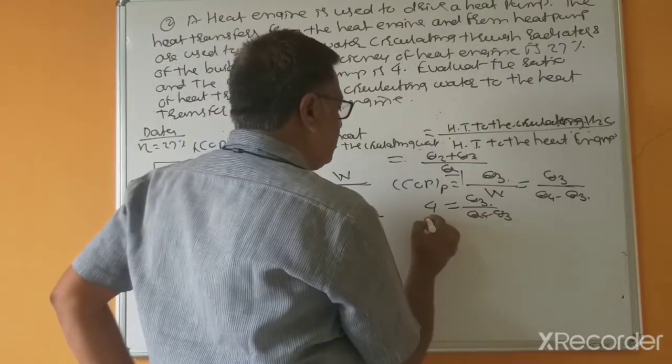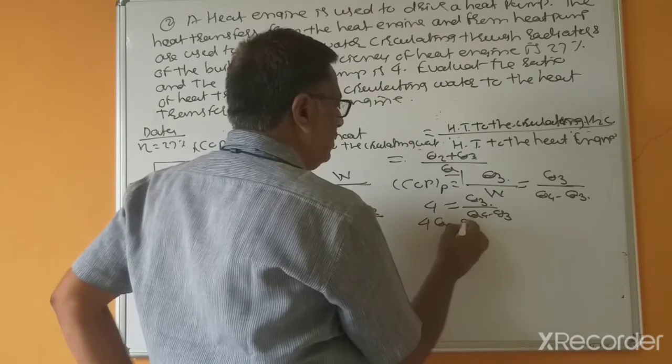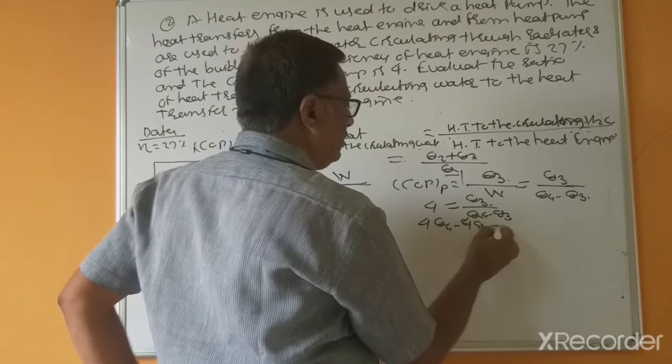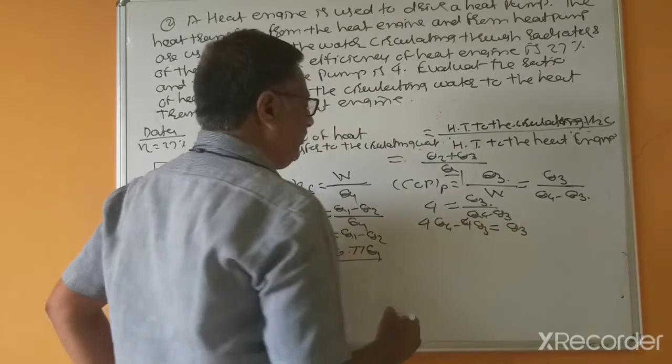Now cross multiplication: 4Q4 minus 4Q3 equals Q3.